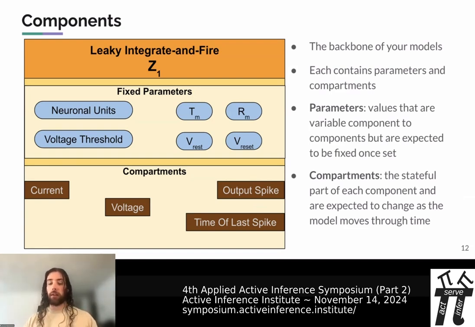Inside of your LIF neuron, our leaky integrate and fire neuron, we have a couple of fixed parameters. For us, fixed parameters are values that don't change during runtime. These are the static parts of your model, but they're not fixed across all of your components.